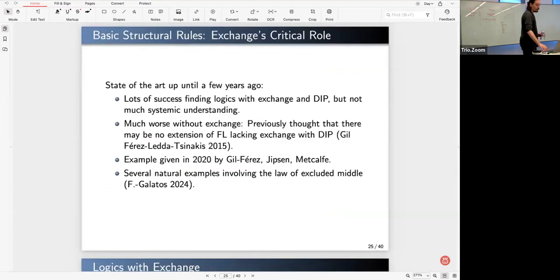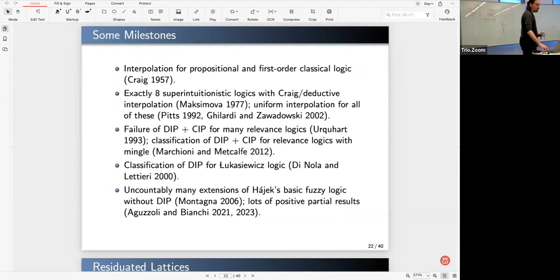It is just a curiosity. So I know 90% of those people. I met them personally, including Craig, Maksimova, Hitz, Gilardi, Ajek, Dinola, Lettieri, Montagna, not the younger ones, only the old guys.